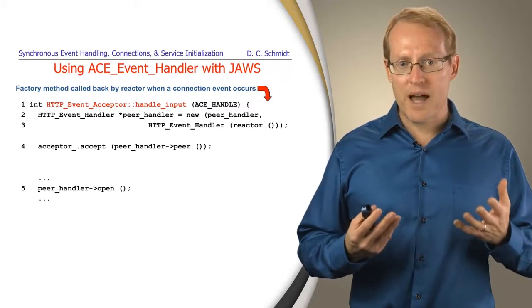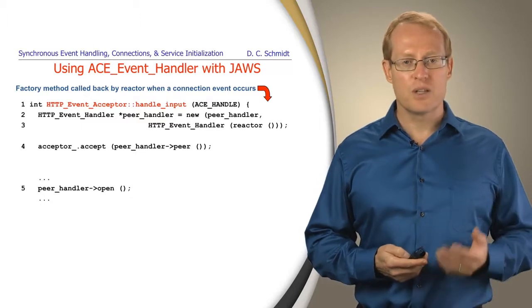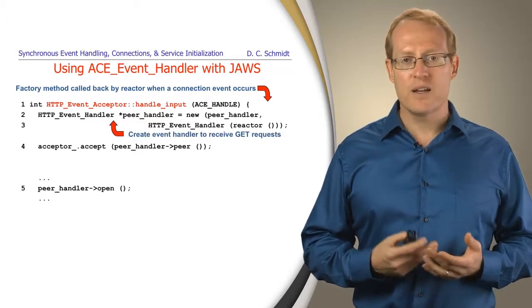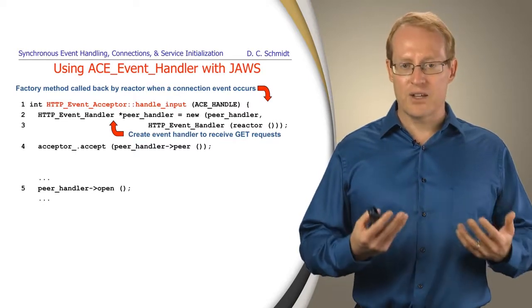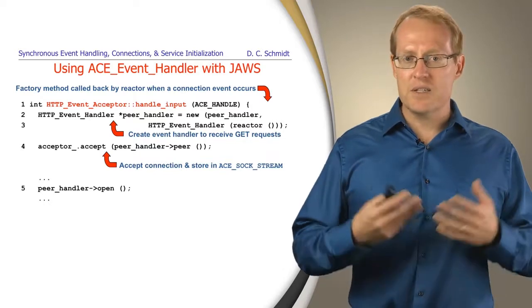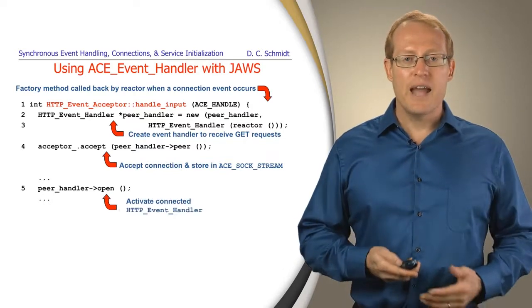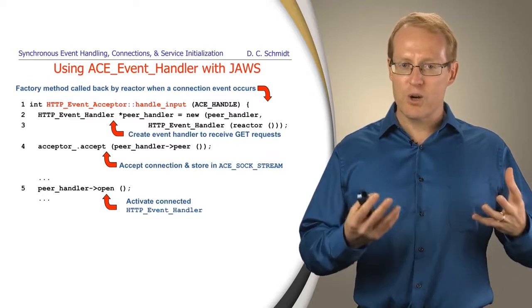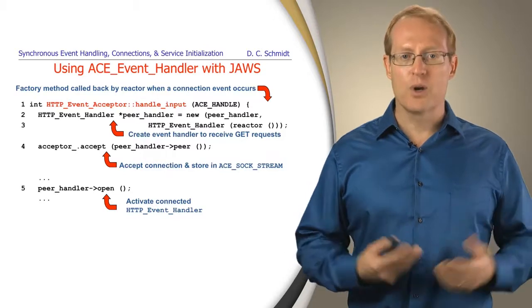Handle input is called back when a connection arrives from the clients, and as you can see in this particular example, it does several things. It creates an event handler that knows how to handle HTTP events, GET requests, for example. Then it accepts the connection and stores it into its sock stream. Then it turns around and says to this newly created event handler, please activate yourself by calling the open hook method.